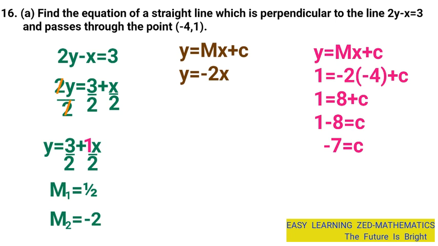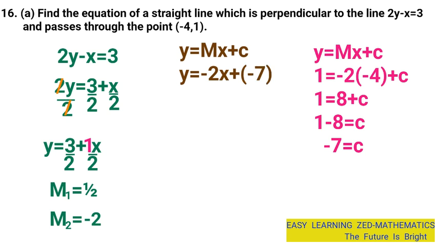So we have managed to come up with y is equal to -2x. So -2 is coming from the second gradient, and x will remain just like that. Now we were finding the value of c, and we have found it's -7. So we're going to write y is equal to -2x plus -7.